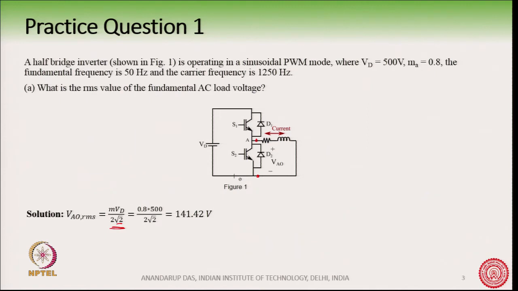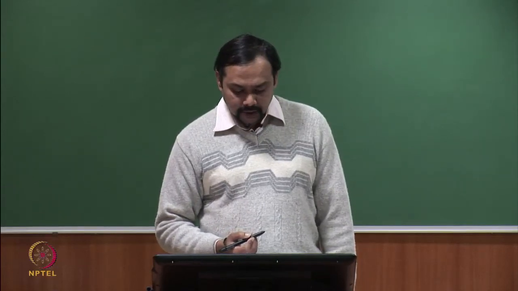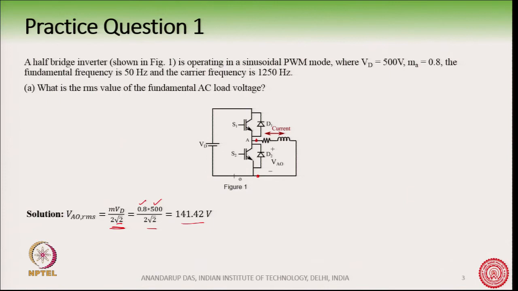If you substitute the values, MA is equal to 0.8, DC bus is 500 volt and then 2 root 2, and you get about 141 volt. This will come across the load, and depending upon the impedance of the load, that is the magnitudes of R and L, a fundamental current will flow.